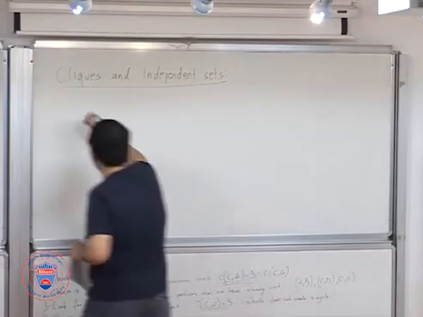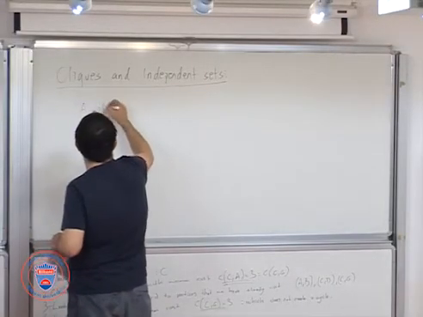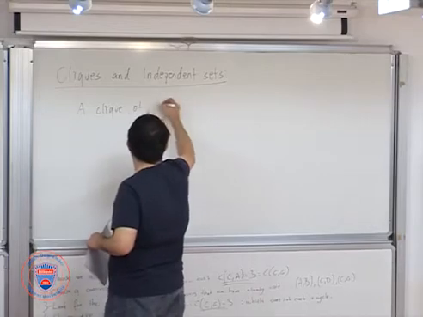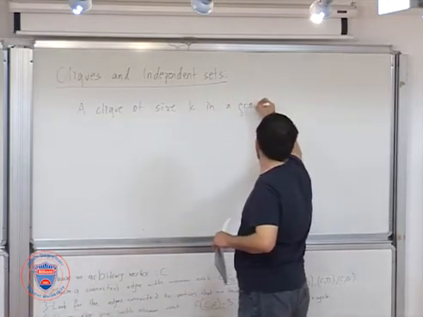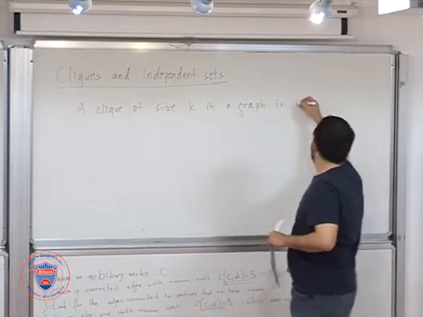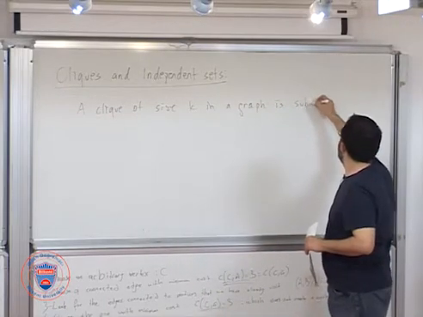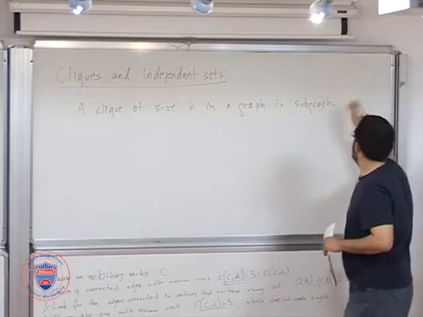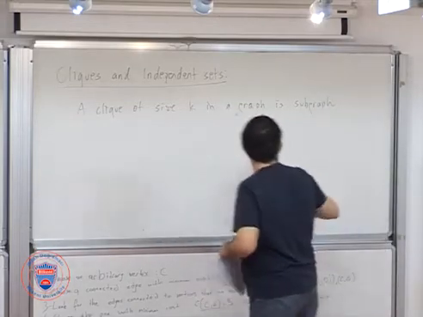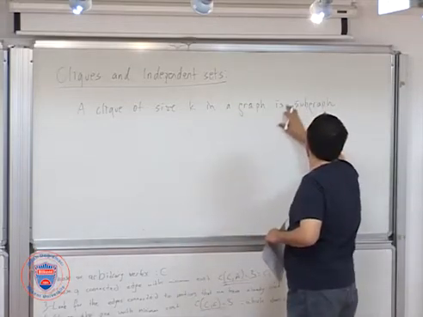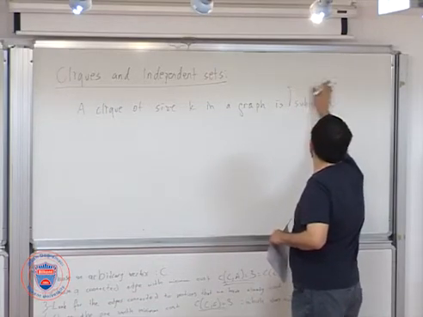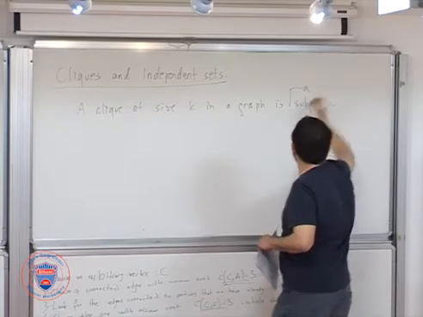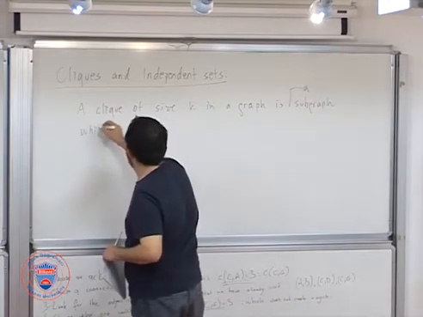So recall that a clique of size k in a graph G is a subgraph which is complete.